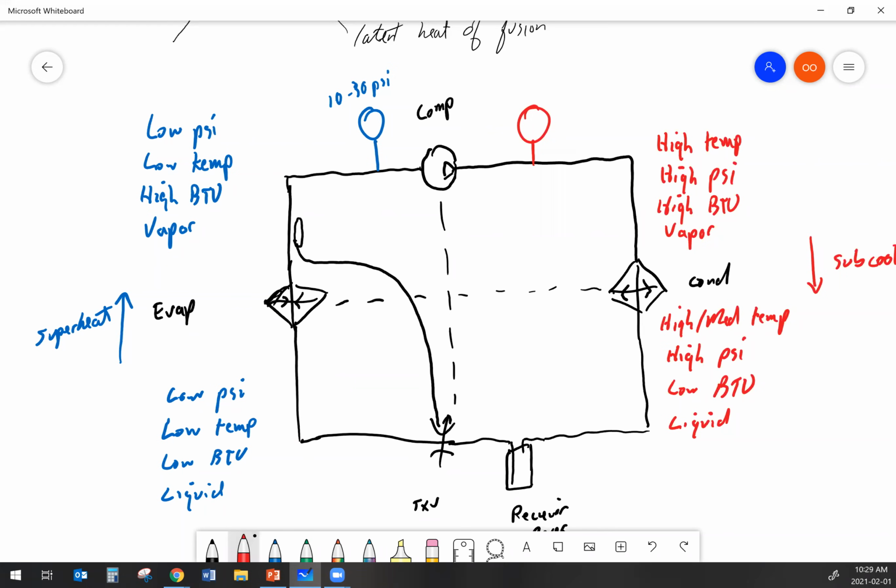On the high side, the pressure is going to vary quite a bit depending on the heat load on the system. The higher the heat load, the higher the high side pressure. And heat load is the only thing that dictates high side pressure. There's a few exceptions to that, but under normal operation, there's no way to give you a firm number as to what your high side pressure is going to be because it varies.